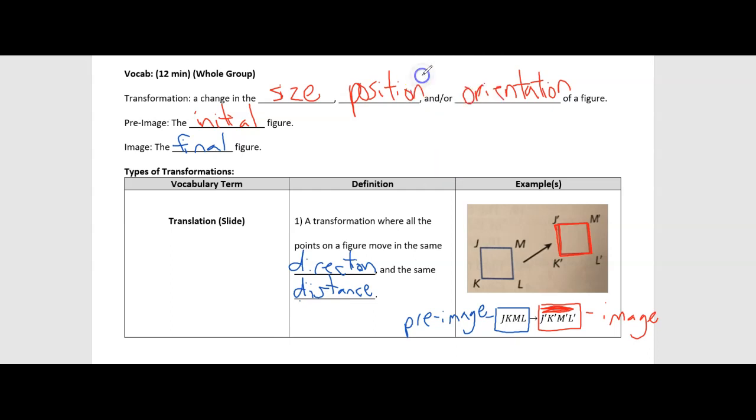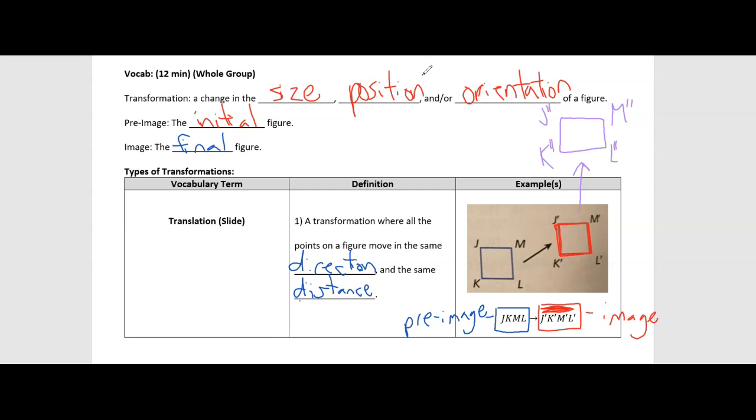If we wanted to go further, let's say I pushed this figure up again, but just upwards instead of to the right. I could label my new figure, but I don't want to use just the regular letters, and I don't want to use just J prime. So I'm going to say J double prime, K double prime, L double prime, and M double prime. As you continue to perform new transformations on this figure, if you want to see each individual step, you need to label them with different amounts of primes.